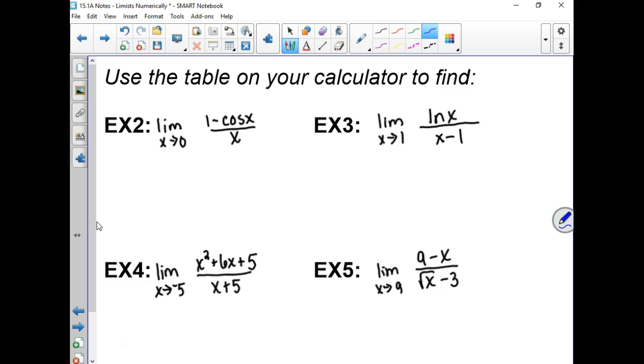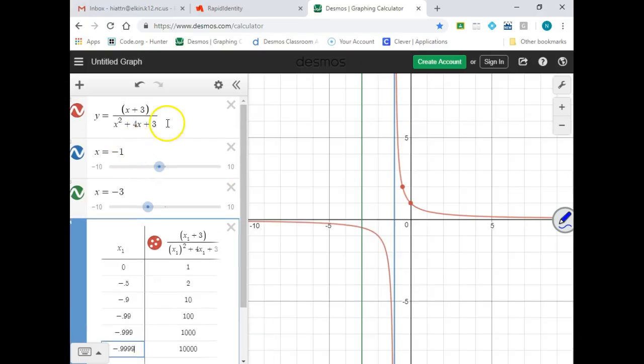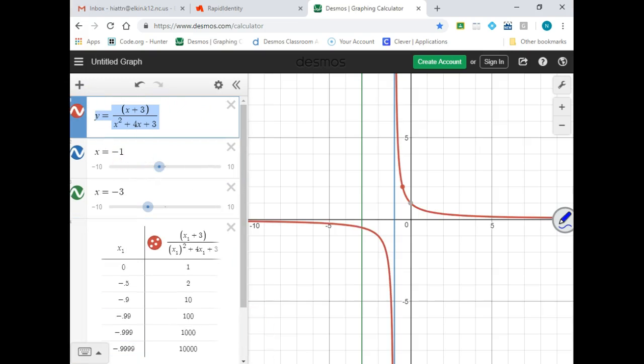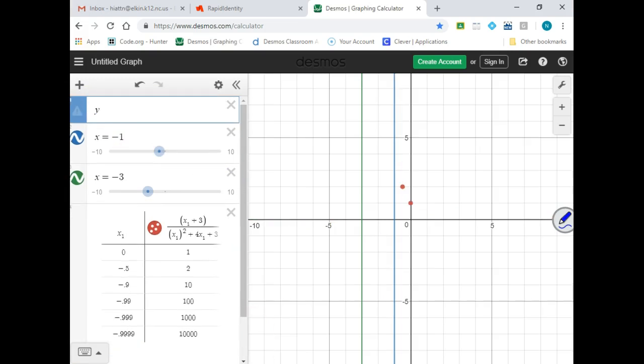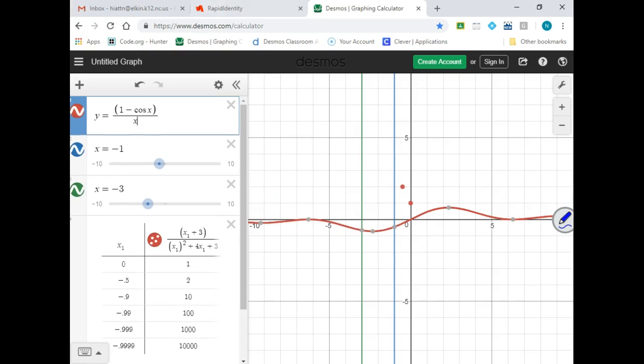Yeah, it looks like for number 2, it looks continuous. Let me graph it on Desmos for number 2 just so you can see how crazy it is. Alright, so it looks like this.